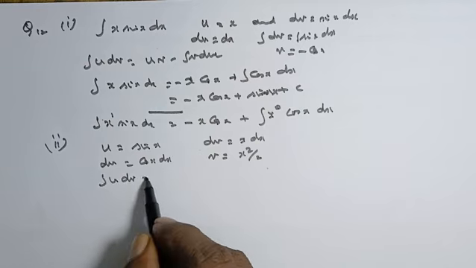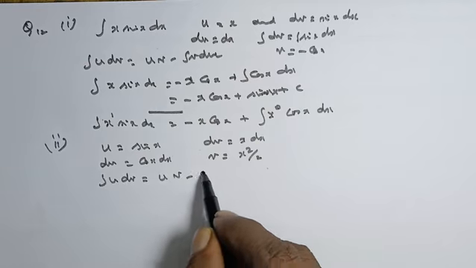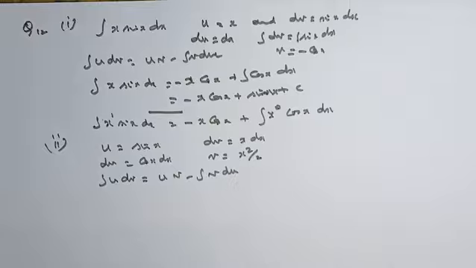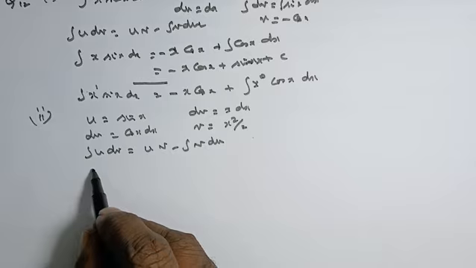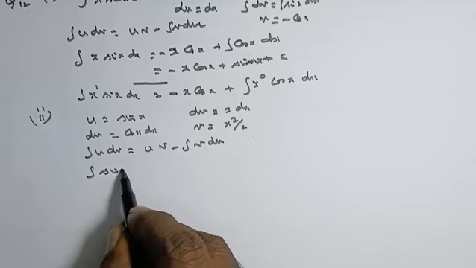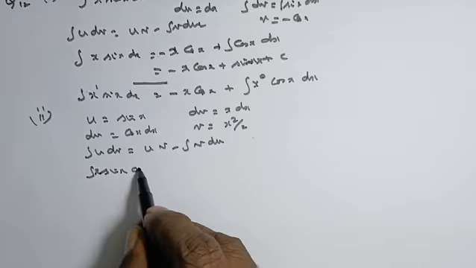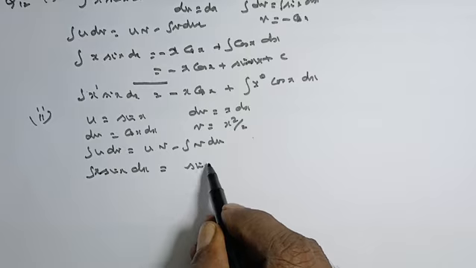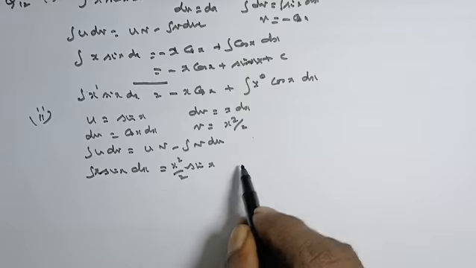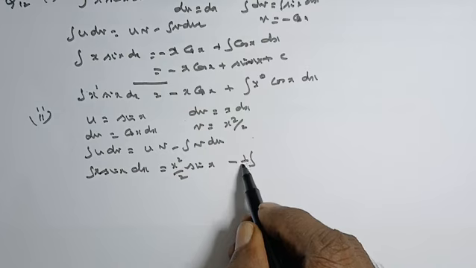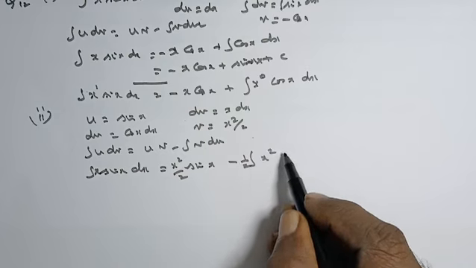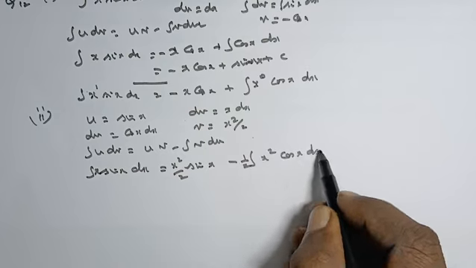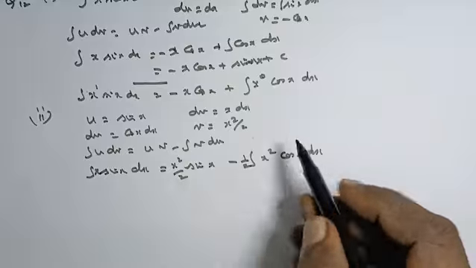Formula: integral u dv equal to uv minus integral v du, isn't it? Now integral x sin x dx equals uv, u is sin x, v is x squared by 2, minus integral v du, that is x squared by 2 times cos x dx.